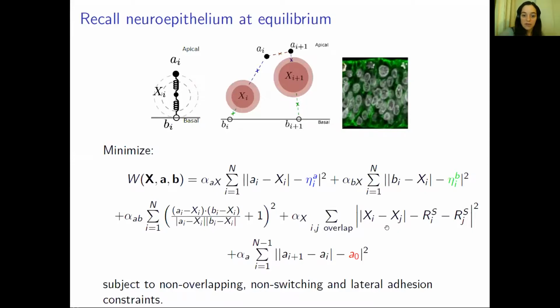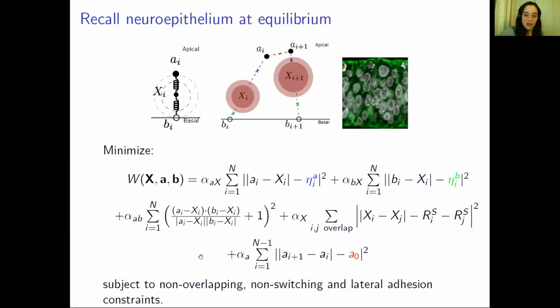For example, the apical springs are much stronger than the nucleus springs. So this alpha A will be of order 10, let's say, while the nucleus springs will be of order 1, for example. And this will, in the minimization algorithm, favor finding a minimum of the apical energy, the energy of the apical springs.